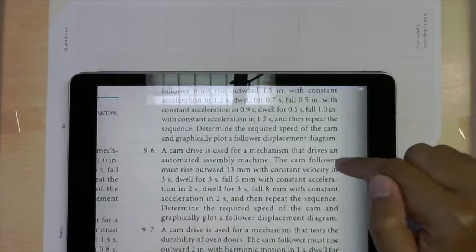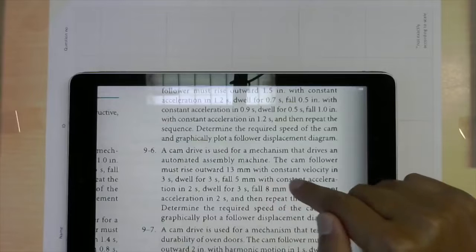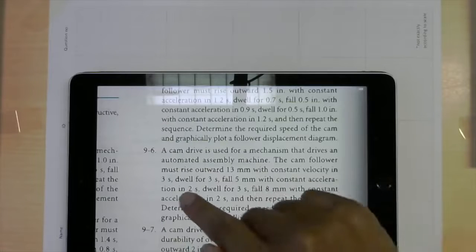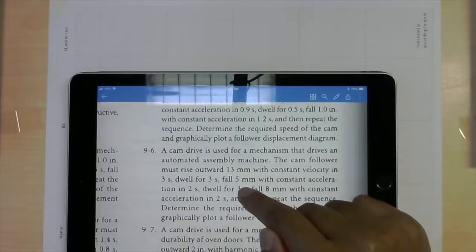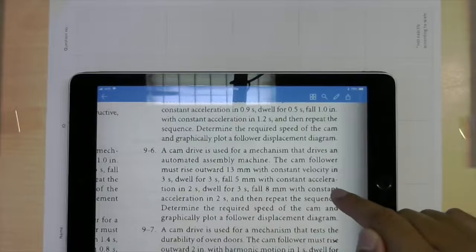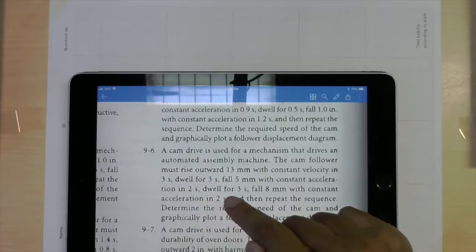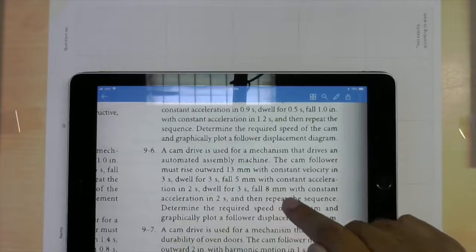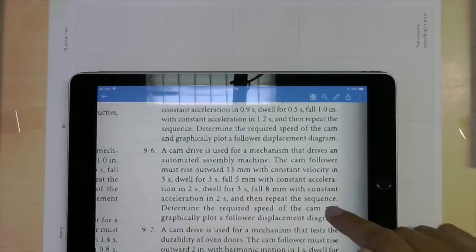So the cam follower must rise outward 13 mm with constant velocity in 3 seconds, then dwell for 3 seconds, fall 5 mm with constant acceleration in 2 seconds, and then dwell again for 3 seconds, fall 8 mm with constant acceleration in 2 seconds, and then repeat the sequence.